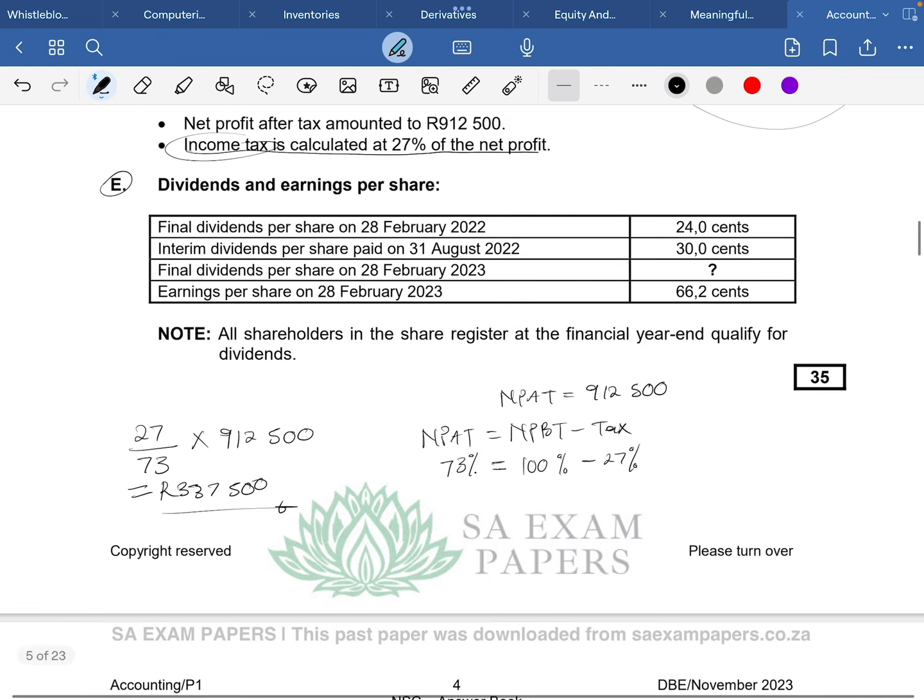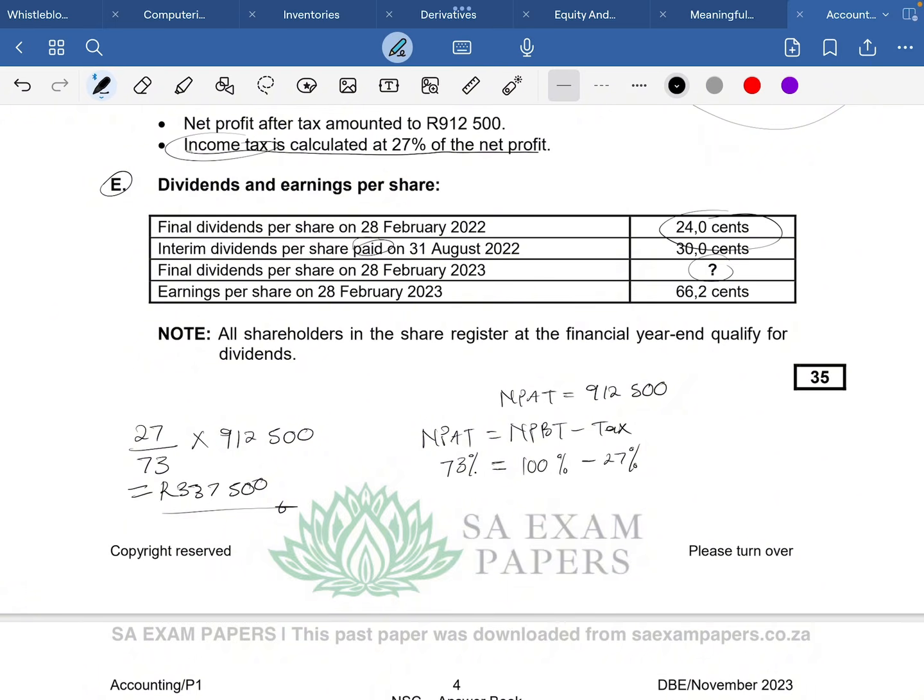Interim dividends per share, which have been paid on 31st August 2022, was 30 cents per share, and then final dividends per share on 28 February 2023 is a question mark, and we could either be required to calculate that, or just see when we're doing the workings. And then earnings per share on 28 February 2023 was 66.2 cents.